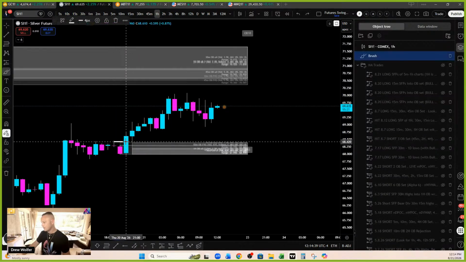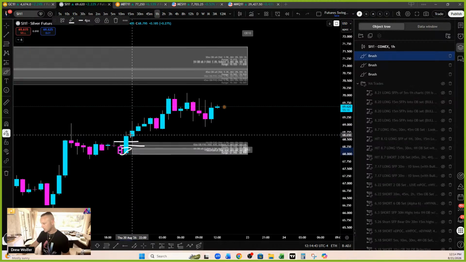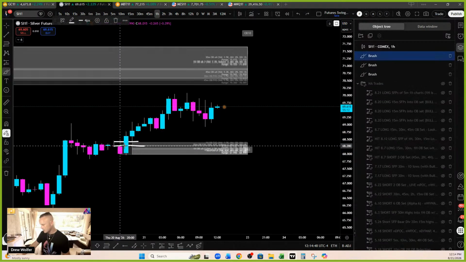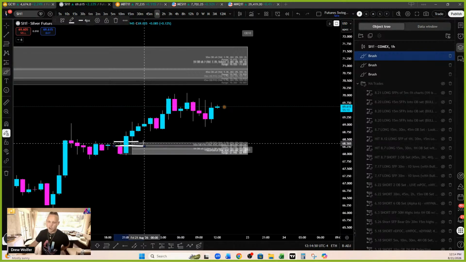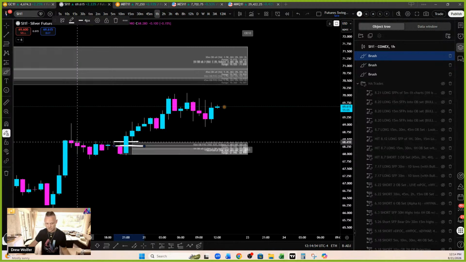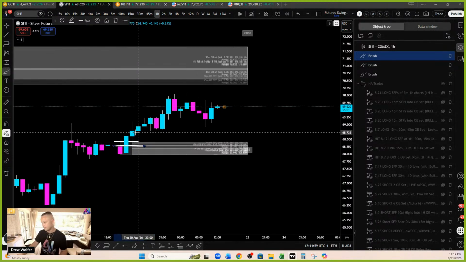Now, what happened in between candle one, which is the actual order block candle, and the displacement candle is what is called a fair value gap, okay? I call it a displacement zone, but everybody knows fair value gap, so I just use fair value gap because that's what everybody knows.